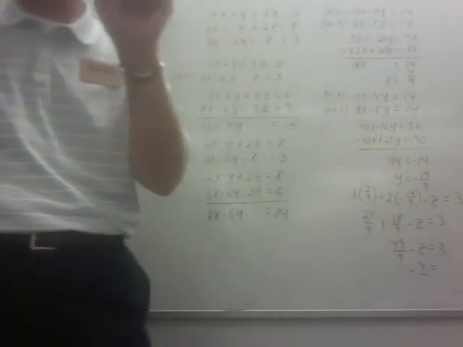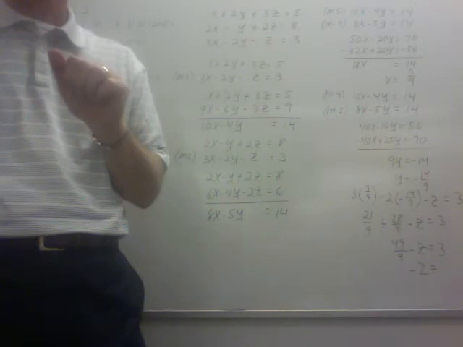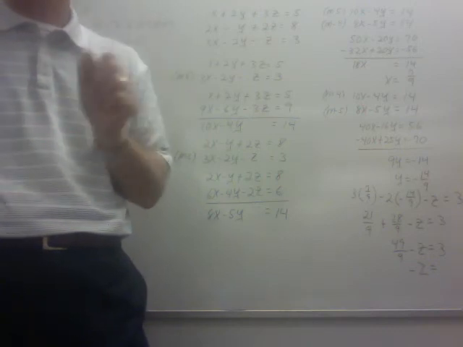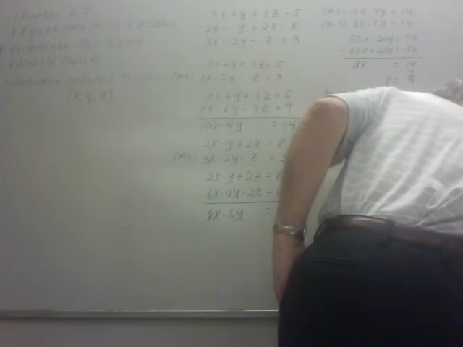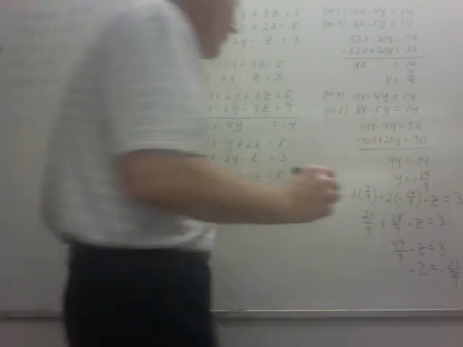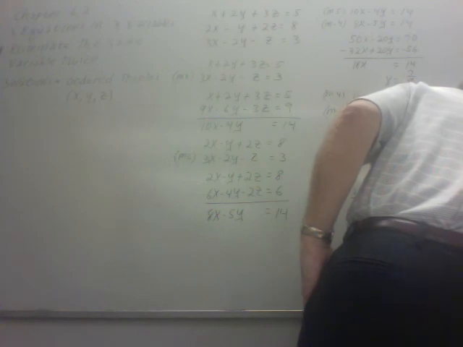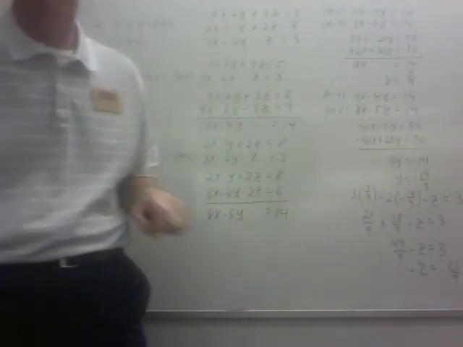Negative 49, positive 27 gives me what? Negative 22, right? Negative 22/9. I've got negative 22/9. Got to divide both sides by negative 1. So z is going to be equal to a positive 22/9. Okay, positive 22/9.